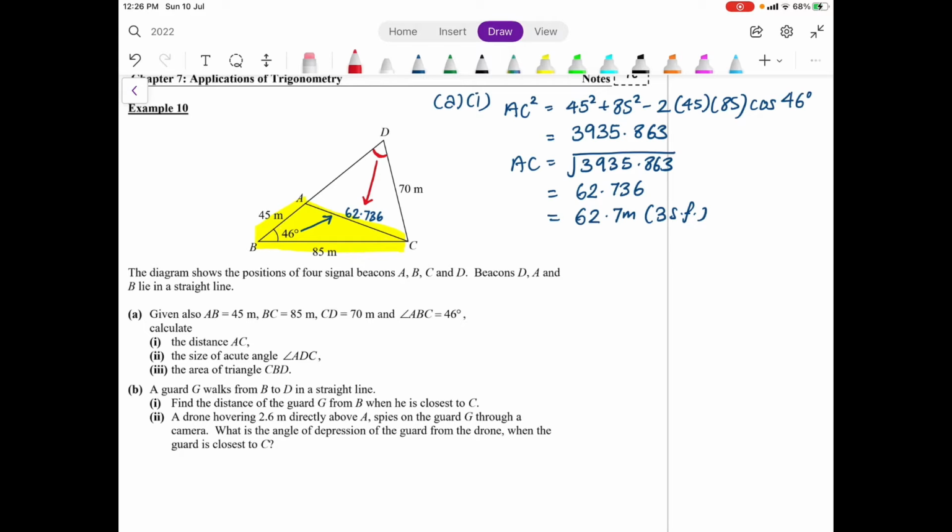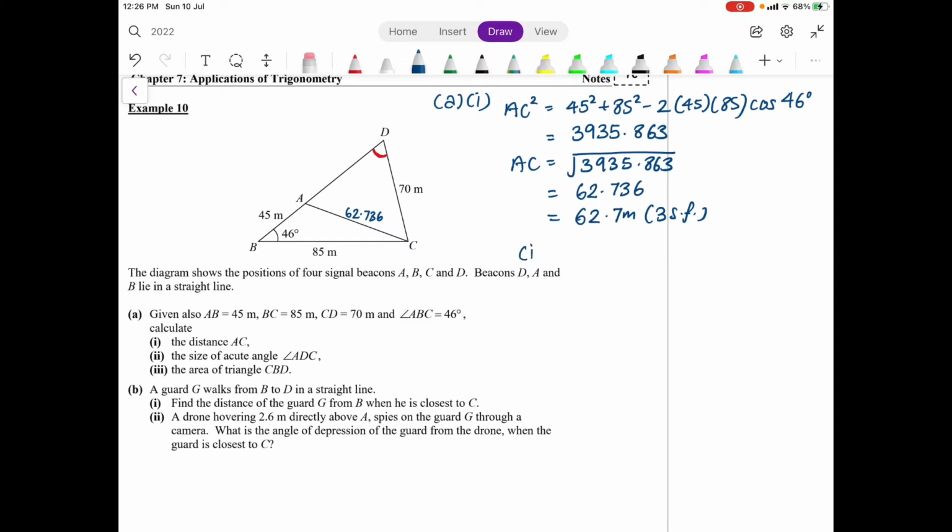If I want to make use of 46 degree, then I will focus on the big triangle instead. Let me erase this. I will not focus on 62.736. I will not focus on the small triangle. I'll focus on the big triangle. It's difficult to see because there's a line in between.